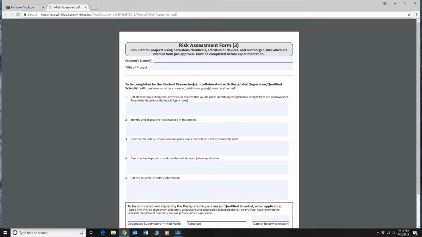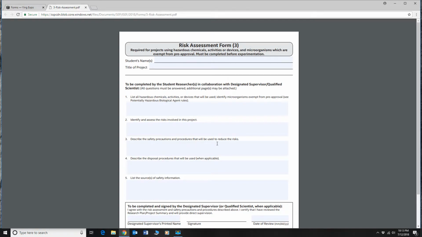Any microorganisms they're using that are exempt from pre-approval. So a lot of protozoans are exempt from pre-approval, so they should list those. And then number two, they should be identifying or assessing the risk involved in the project. So there are risks because they have hazardous chemicals, activities, devices, or microorganisms, and so those need to be listed there.